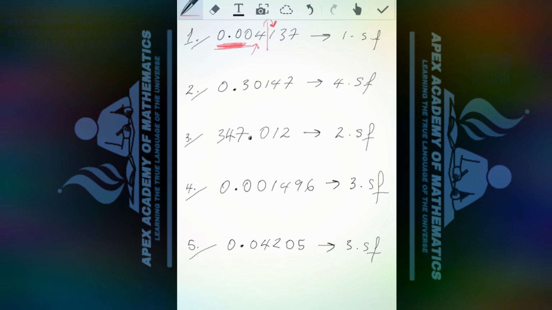Now, if this digit is greater than or equal to 5, I would naturally have to add 1 to the 4. But because this number is less than 5, I will simply ignore these digits over here, and I will just rewrite the 0.004.